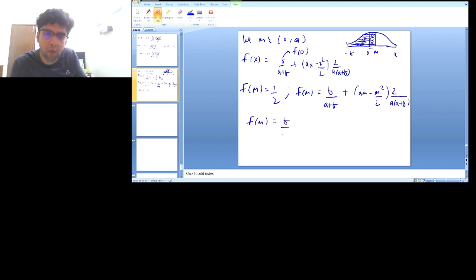So this gives me F(m) is equal to b upon a plus b, and this should be equal to half, right? So this becomes 2am minus m square by 2, this should be equal to half.